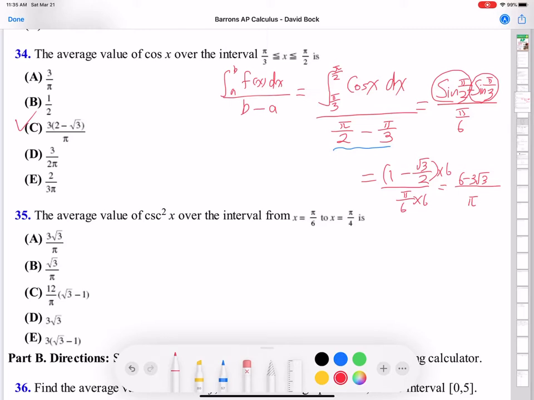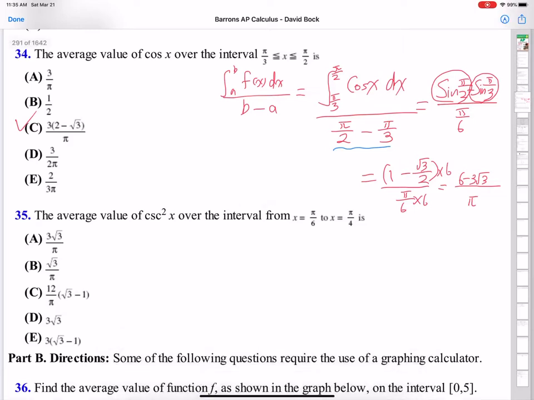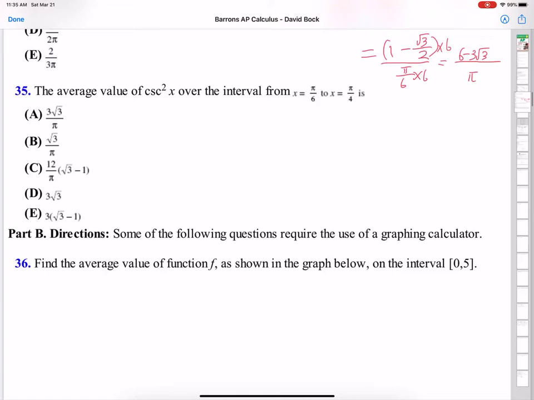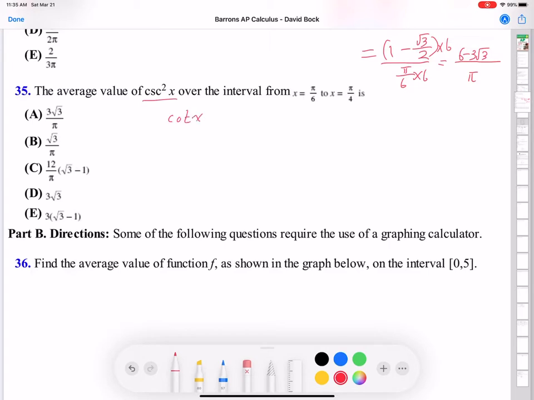Next problem, 35. The average value of cosecant squared is another average value of a function problem, but the function is different now. The function is cosecant squared. Do you remember that the derivative of cotangent x was negative cosecant squared x? That's why integral cosecant squared x dx is negative cotangent x plus c, because integral is backward of derivative.